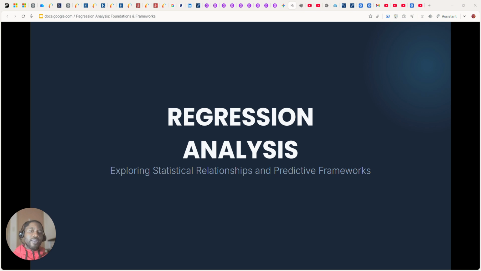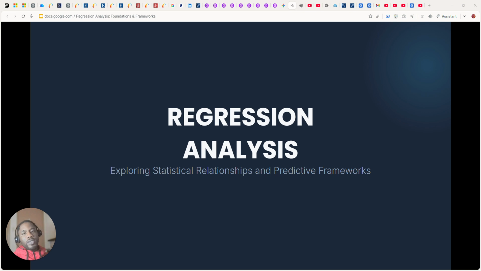So every day we use regression. Imagine you want to know if drinking more coffee helps you work longer hours. What are you going to do? You collect data on cups of coffee that you drink, and you also collect data on how many hours you worked. So regression helps you see if coffee is linked to more hours.